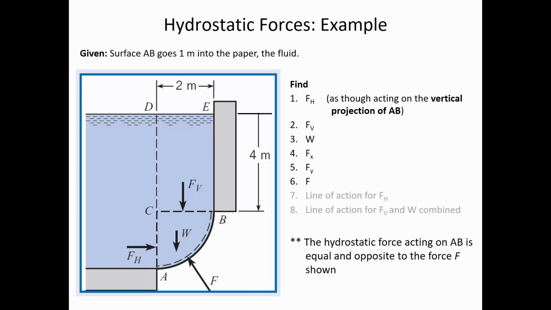Let's start measuring things from the edge CD. So we would say it's 1 meter from that left edge to where the vertical force F sub V is located. Now consider that quarter circle.